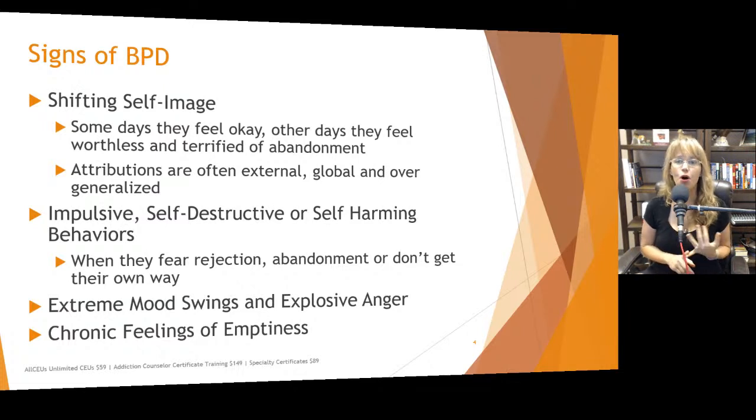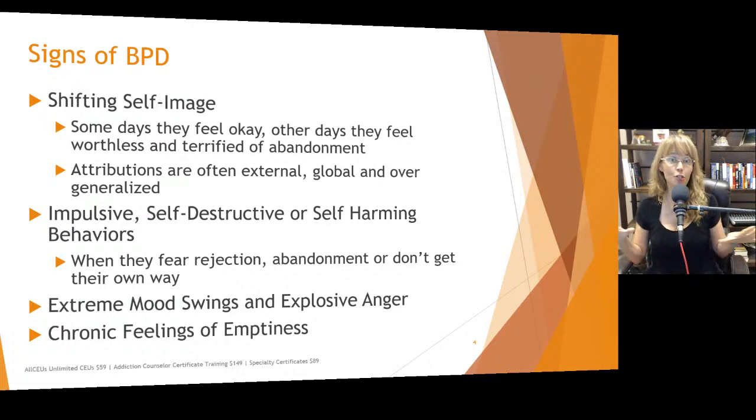You will also see impulsive, self-destructive, or self-harming behaviors. Sometimes this is a method for the person with borderline personality disorder to feel like they have some control over something, or to numb out that pain inside their own head when they start feeling desperate because they feel like they're being abandoned. There's a lot of reasons they may do it. But if you're in a relationship, we're talking about clues here.